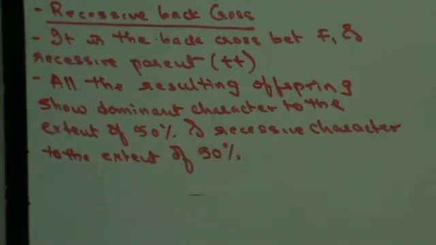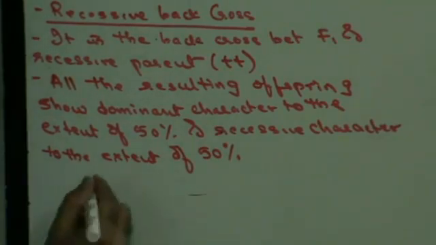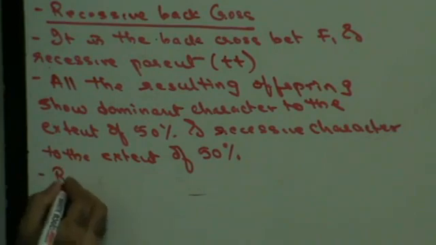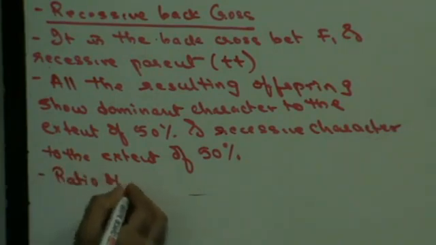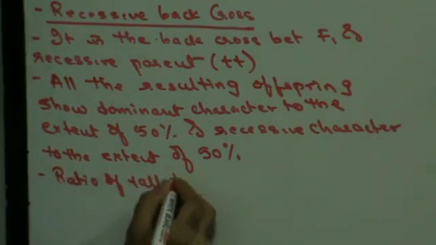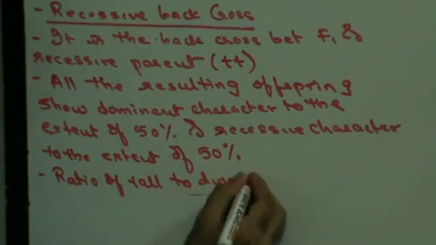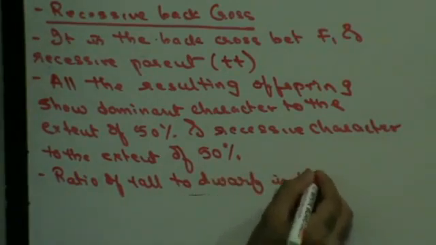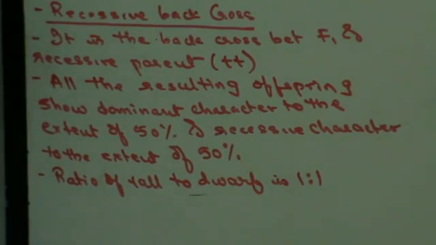So they will show dominant as well as recessive character, right? Therefore, the ratio of tall to dwarf is 1:1, right? Which gives the clue that the individual is heterozygous.